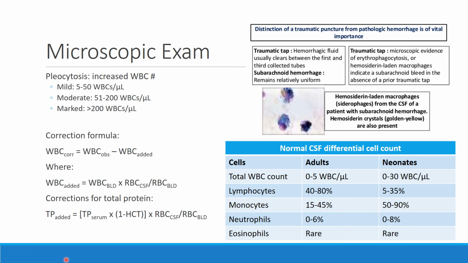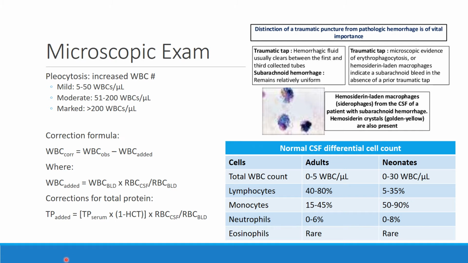Now, one of the issues when we're doing a cell count on a CSF is the issue of the traumatic tap. Traumatic taps are easy to happen. It's just a reality. Not everybody's spine is the same. It's not easy to get that needle in the right place without hitting a capillary.